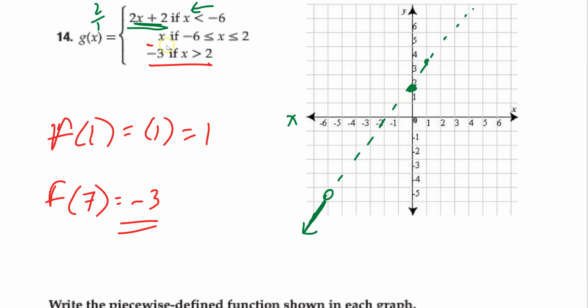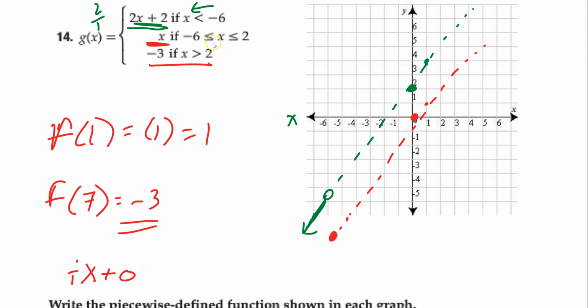Now let's graph the middle one, x. Remember the easiest way to graph x is just add a plus 0. So we're starting at 0. And I have a slope of 1 over 1. So I'm going to go up 1 over 1. Dotted line. Oh, I can never get that straight. And in this case, I want between -6 and 2. So at -6, I want a closed circle, because that's what it is.